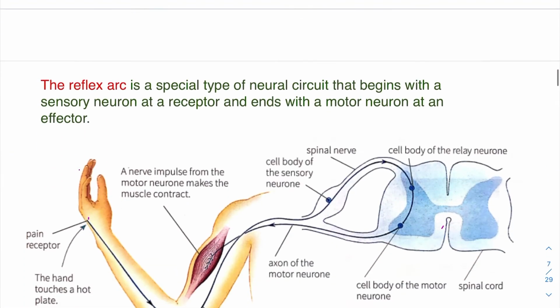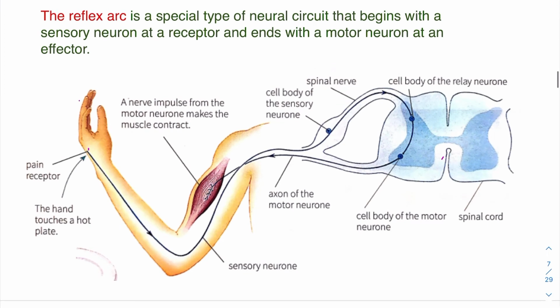Okay, so we can see in another diagram very clearly that, for example, here the receptor senses the heat or the coldness and sends the signal along, and it reaches your spinal cord through the relay neurons.